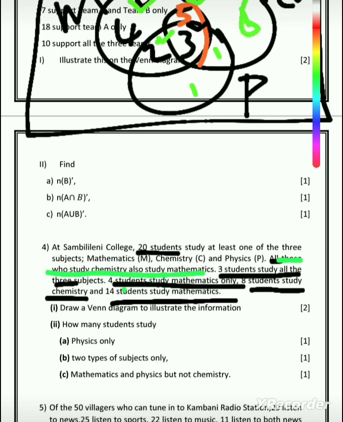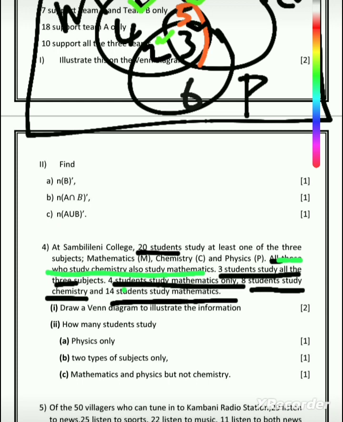If we put them here, we're going against the English, which says all those who do chemistry must be in mathematics, because this region is not in mathematics. If we put them here, still again, we are going against it, because this has chemistry but is not in mathematics, meaning we are left with this region here. And this is our final Venn diagram.